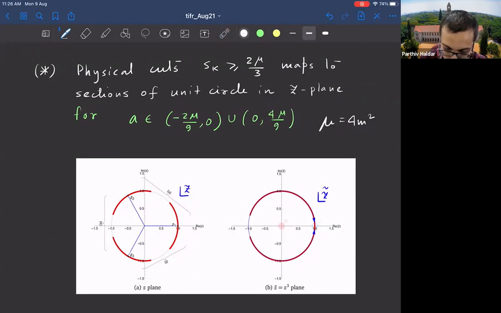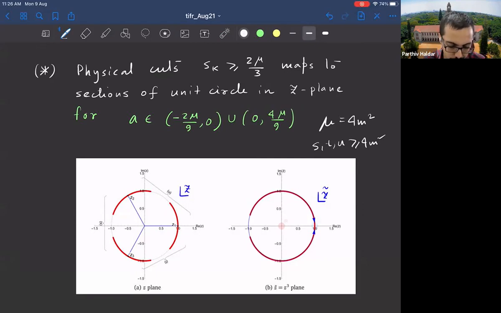So the physical cuts, which are S, T, U greater than or equal to 4m square, or equivalently S_k greater than or equal to 2 mu over 3, map to sections of the unit circle, which are shown in this way. So essentially, these reds are where the cuts are getting mapped. Now, this is for a particular value of A which we are considering.